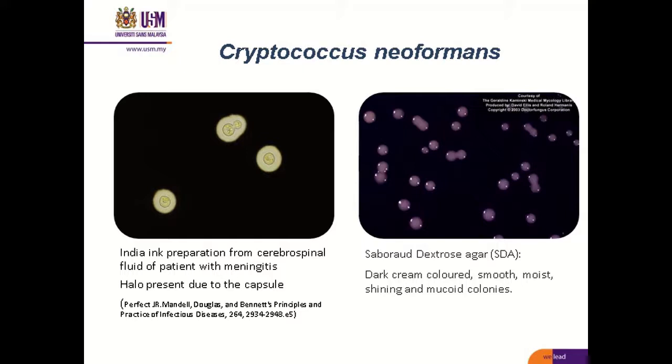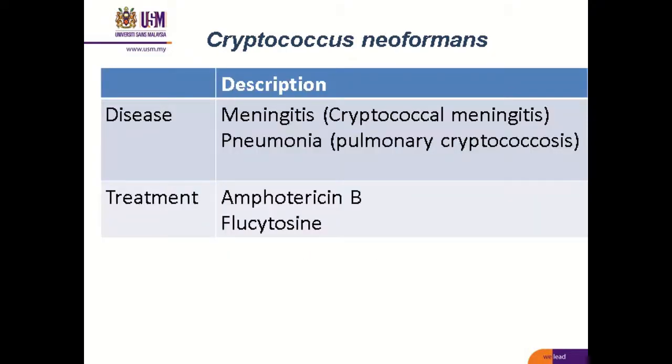And then on Sabouraud's agar, we can see dark cream-colored, smooth, moist, shining mucoid colonies. Cryptococcus neoformans causes meningitis, cryptococcal meningitis, pneumonia, and pulmonary cryptococcosis. So the treatment includes amphotericin B and flucytosine.